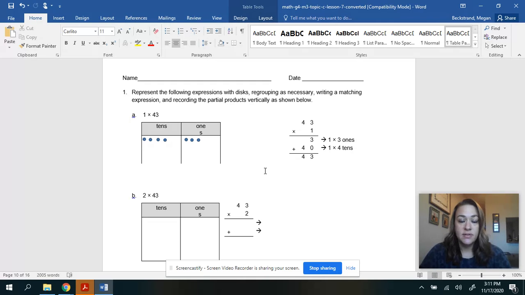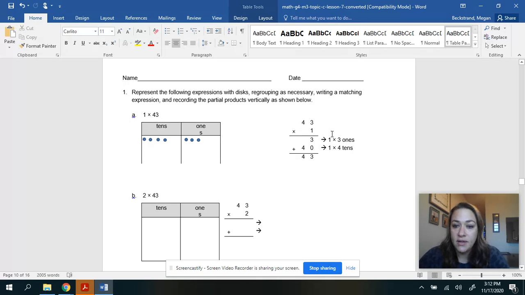partial products. Okay. So letter A, we have 1 multiplied by 43. So we have 4 tens, 1, 2, 3, 4, 3 ones, 1, 2, 3. We didn't have to make multiple groups of that because we're only multiplying it by 1. So 43 times 1 is going to stay 43.